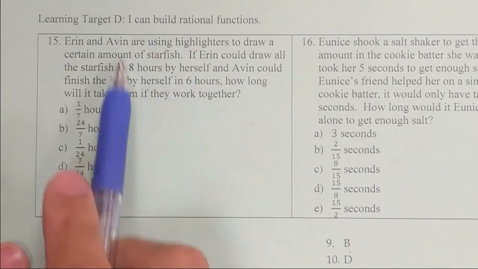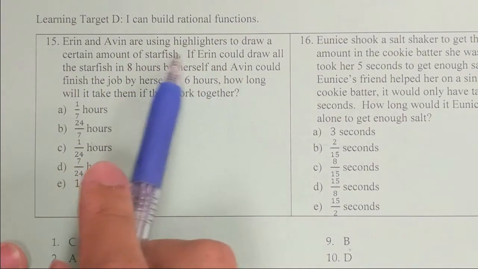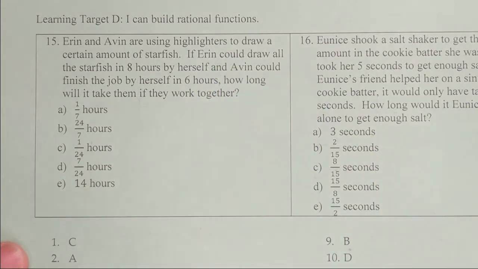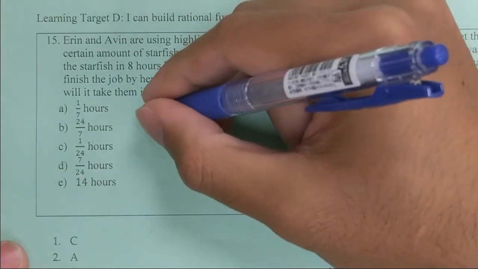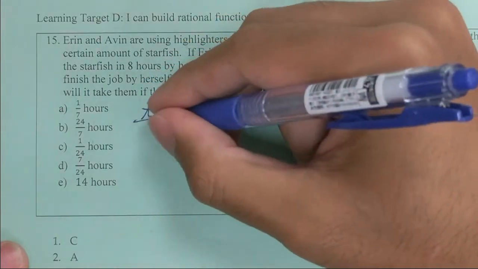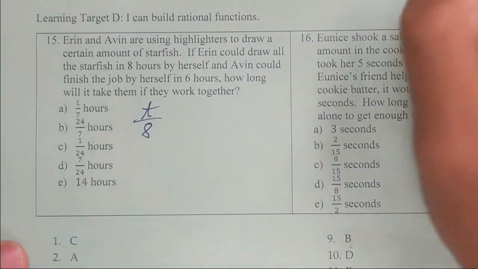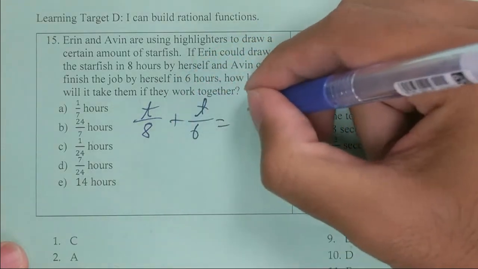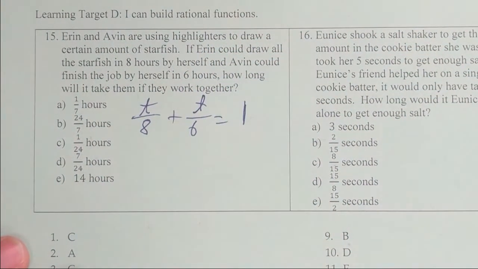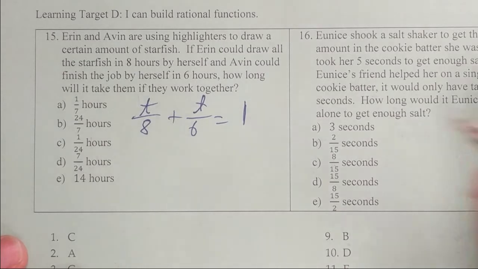Okay, so here's a work problem. These two people are working together. So formula, the time together is unknown, but Erin would take 8 hours by herself. Alvin would take 6 hours by herself. So set that equal to 1. Let's get a common denominator.